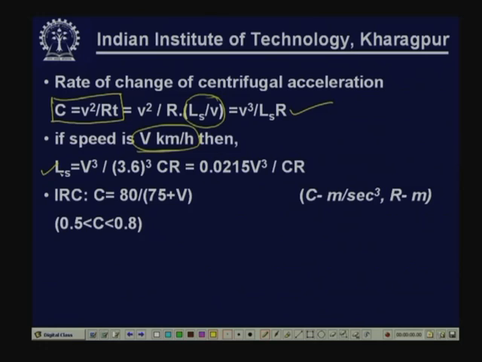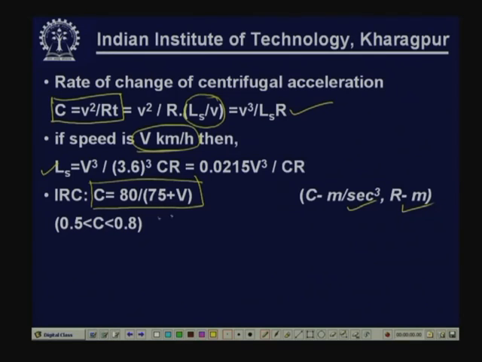Now, the Indian Roads Congress guidelines specify that this C value may be calculated using this formula: 80 by 75 plus V. So, this is the equation used for calculation of the value of C, where C is in meter per second cube and radius is in meter.